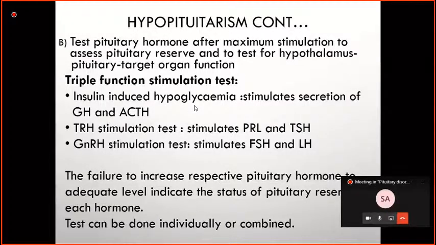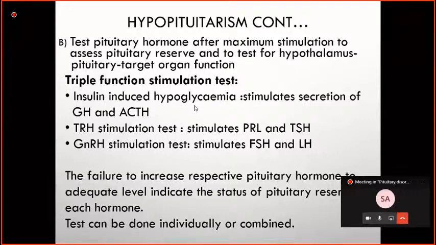In hypopituitarism, you want to try to stimulate the hormones. There is a test that we call the triple function test, in which you do three tests to try to stimulate all three hormones. You do insulin-induced hypoglycemia to stimulate your growth hormone and your ACTH.